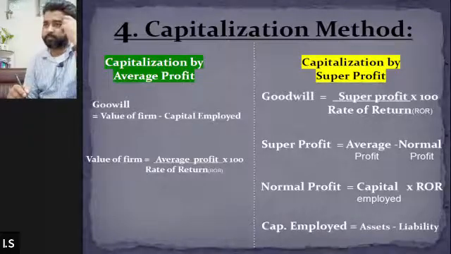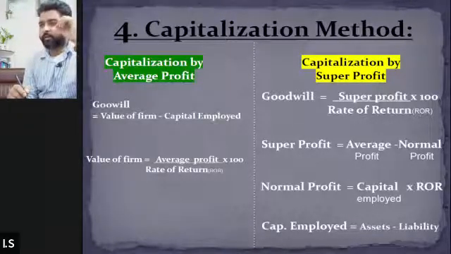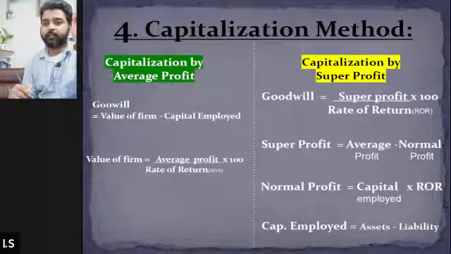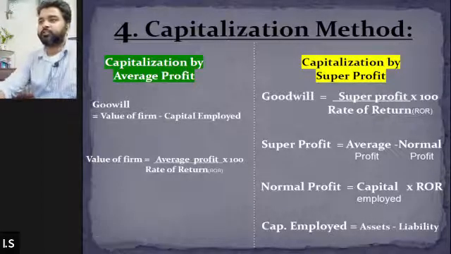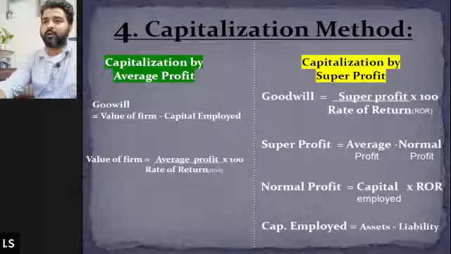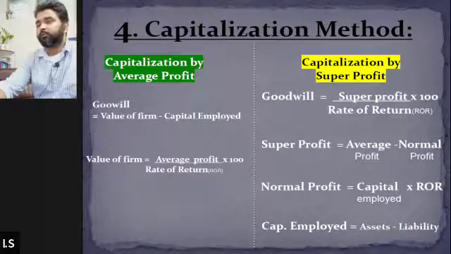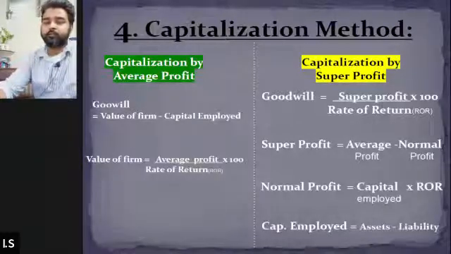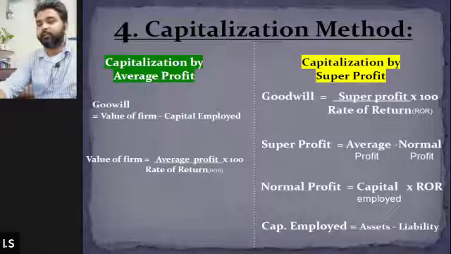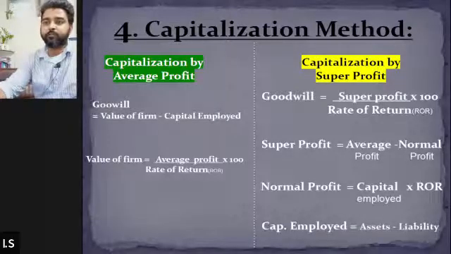Under the capitalization method, we have two parts: capitalization by average profit, and capitalization by super profit. We did a question wherein we correctly calculated the value of goodwill by the super profit method, but we made some mistake at the time of calculating the goodwill by the average profit method.